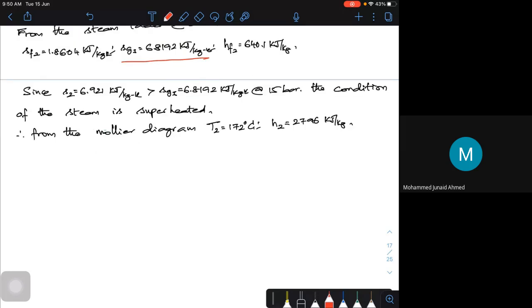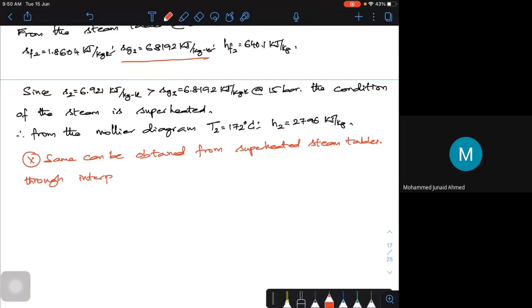Note: the same can be obtained from superheated steam tables through interpolation. You have to interpolate, and you can get a close number. You may get around 173 some change, or your H2 may be closer to 2800, something like that.